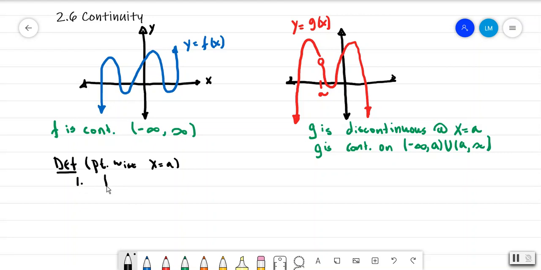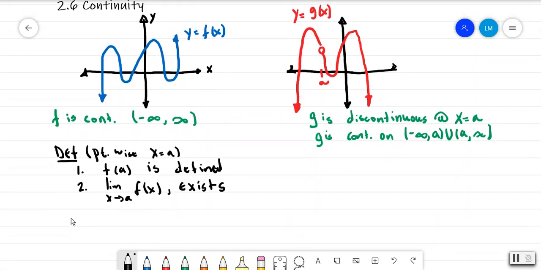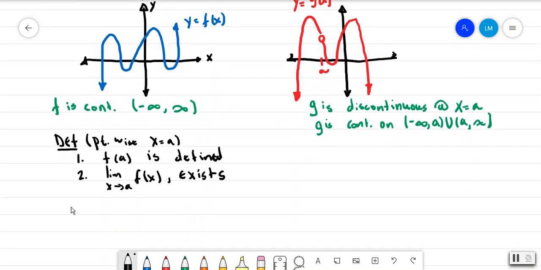We have that f of a is defined, but then we also have that the limit as x approaches a of f of x must exist. So we'll just say that the limit exists.